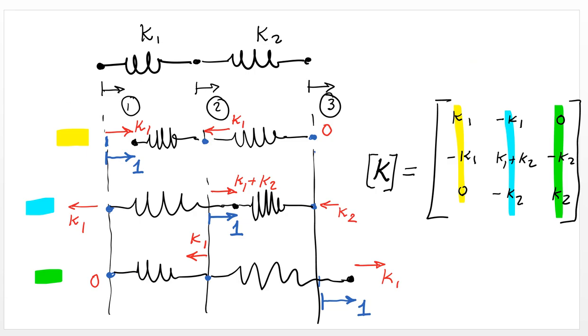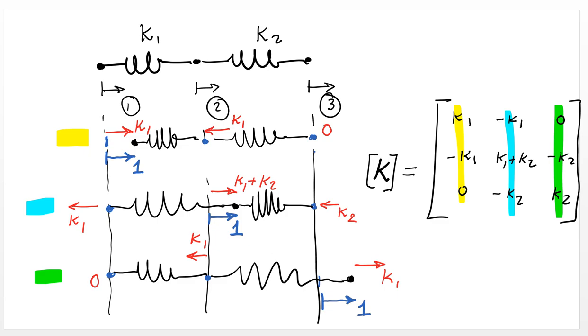So let's say we have 2 springs connected and we see that each one has a different stiffness, let's say K1 and K2. We apply the same concept. So the first column is going to come about by applying a unit displacement at degree of freedom 1 and 0 at 2 and 3.